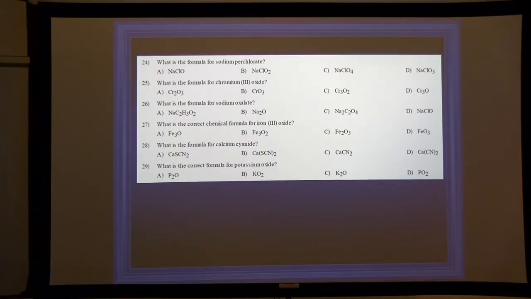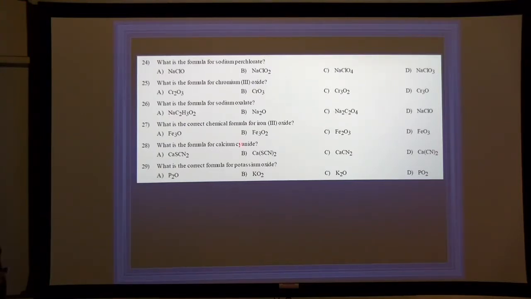Iron 3 oxide. Oxide's a -2. What's the right answer? Choice 3 is correct. See, we're getting good at this. What is the formula for calcium cyanide? Now, there's no anion from the periodic table that has the word cyanide.